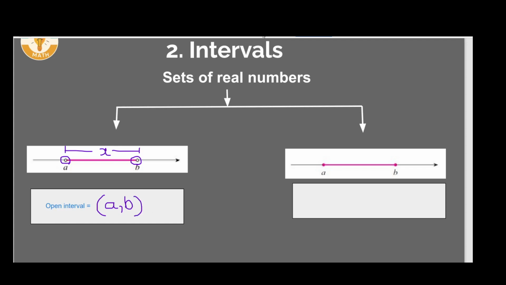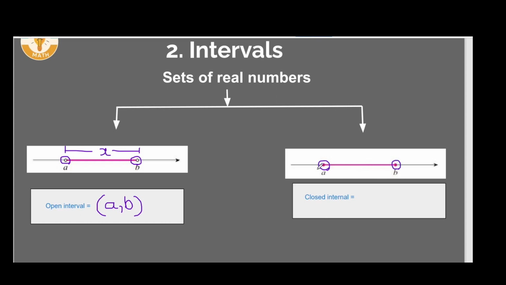On the right-hand side you can see what we call a closed interval. So why do we call it a closed interval? It is very simple. Let's look at the diagram. Here they just fill the hole.